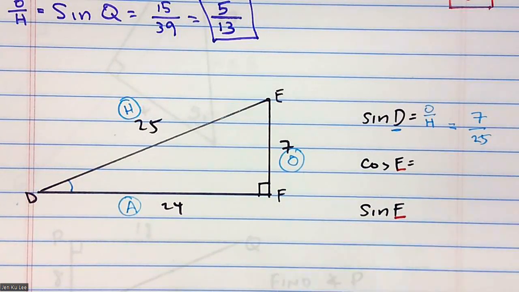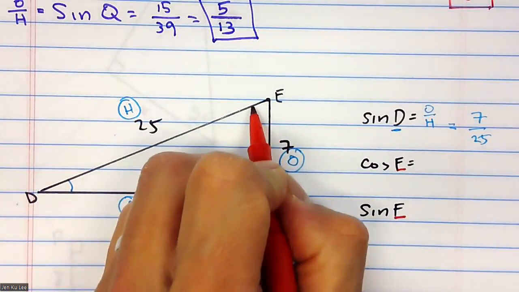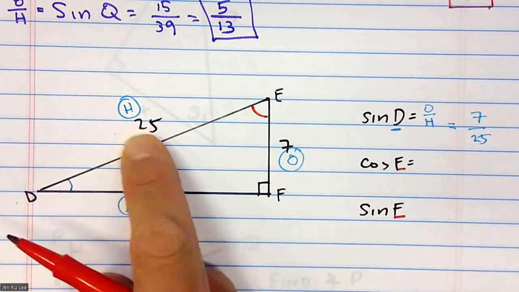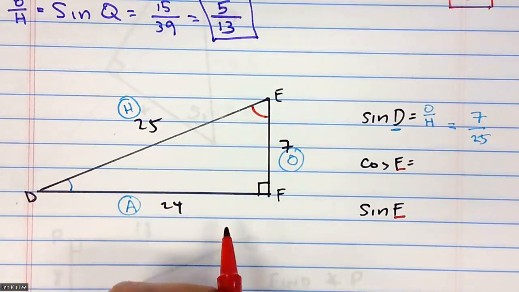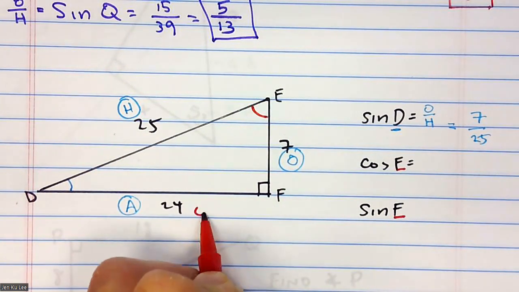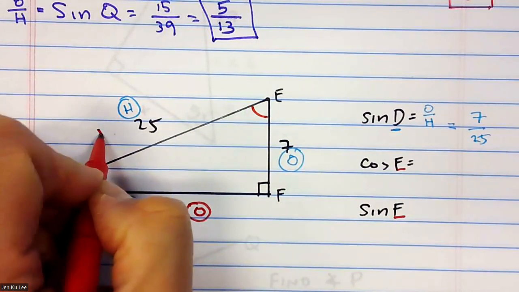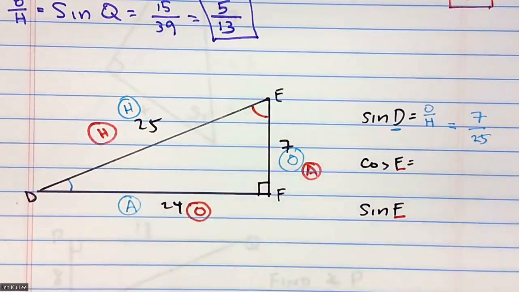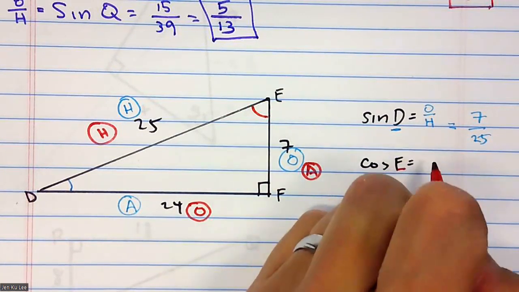Cosine of E, I have to relabel my sides. This is still my hypotenuse because that's the longest side. Opposite of angle E is 24, so that's my opposite. That's my hypotenuse. And then this is my adjacent, right? So cosine of E is A over H, right?